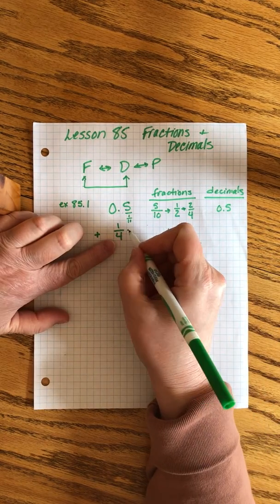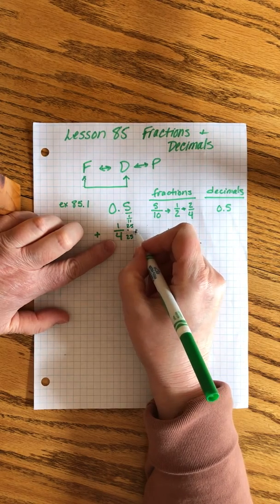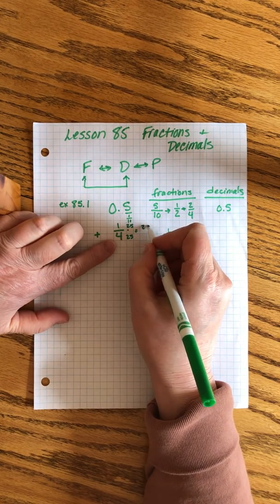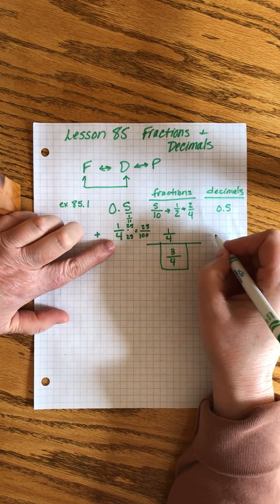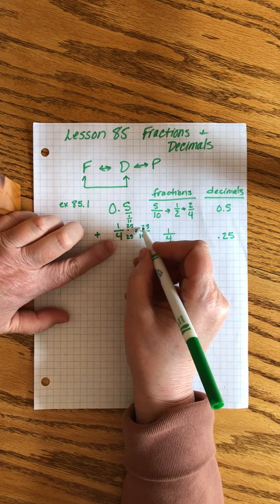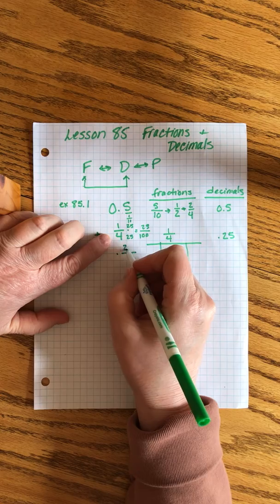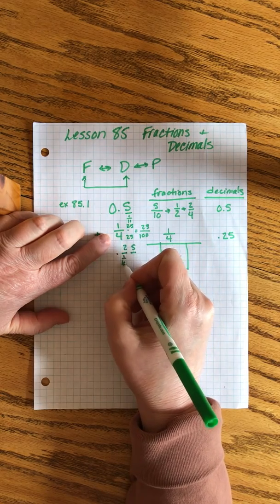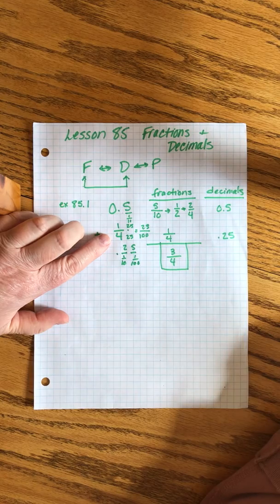So if I multiply the bottom and the top by 25, I'll get 25 over 100, which is the same as 0.25, right? Those go into the hundredths place, right? This is the 1/10 place, this is the 100th place, all right?